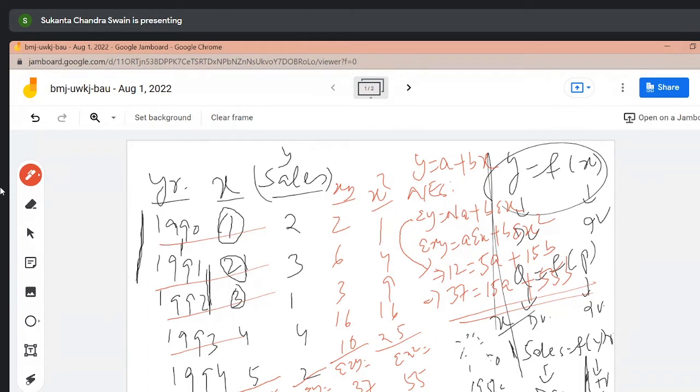Sir, a is 2.1 and b is 0.1. A is equal to 2.1, b is equal to 0.1. Yes, sir. Okay. Anybody please confirm this one? Whether this is the answer? Yes, sir. Okay.